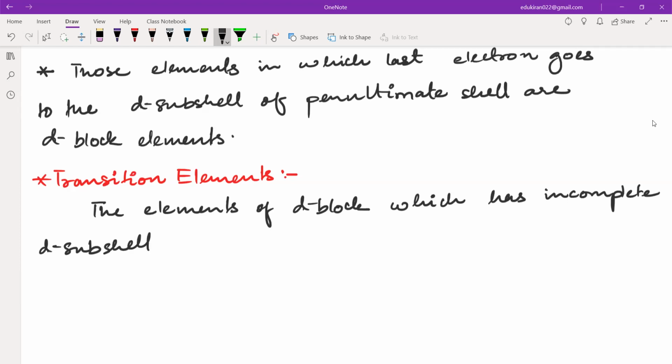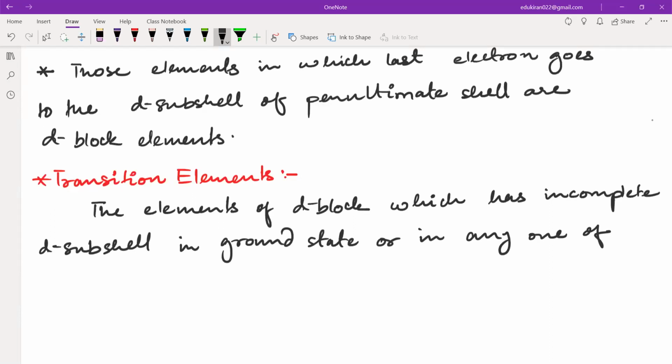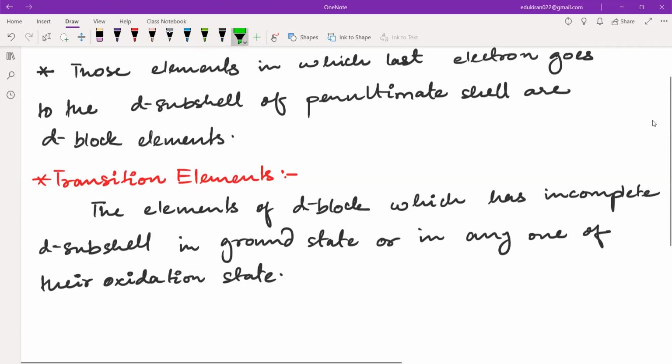Now there are two different types of atoms. You can either have the incomplete D subshell in the natural form, in its ground state, or in any one of their oxidation states.